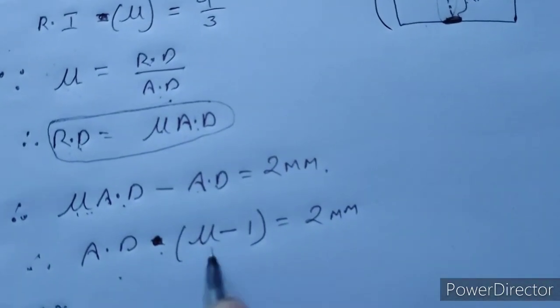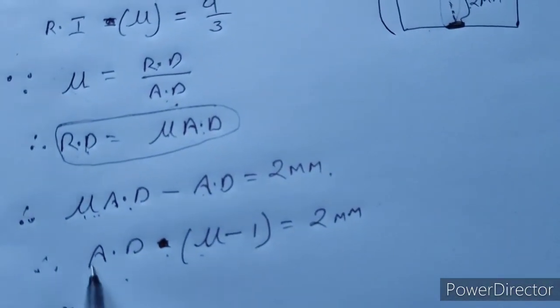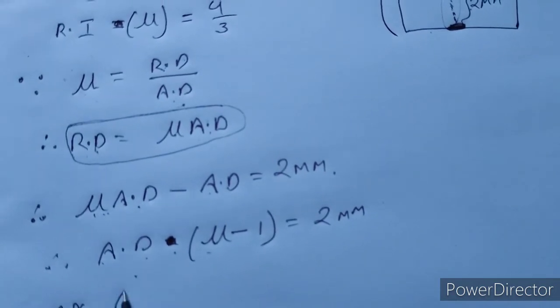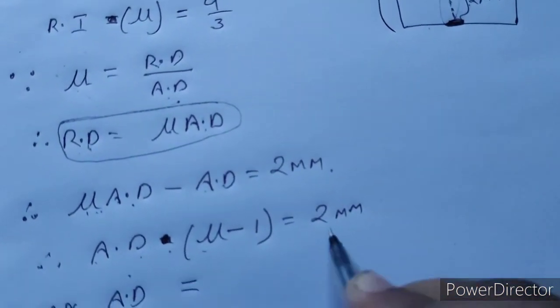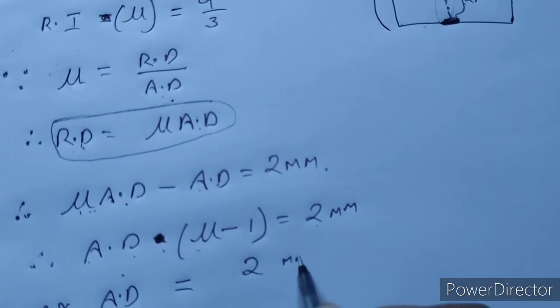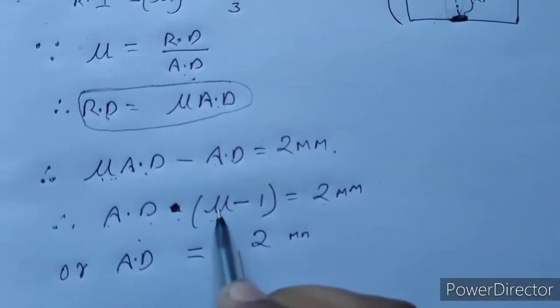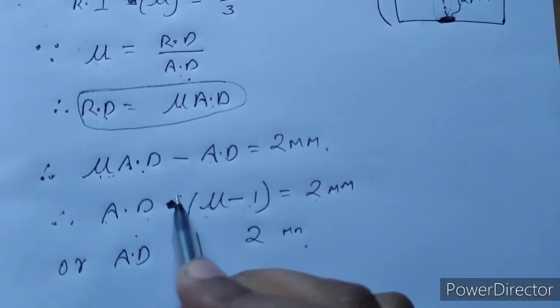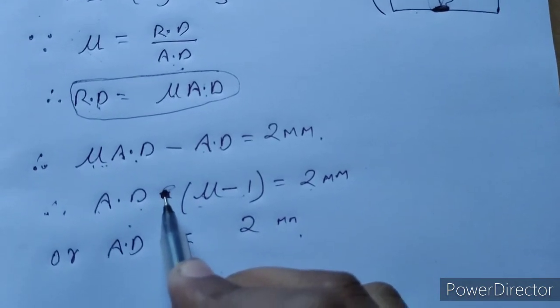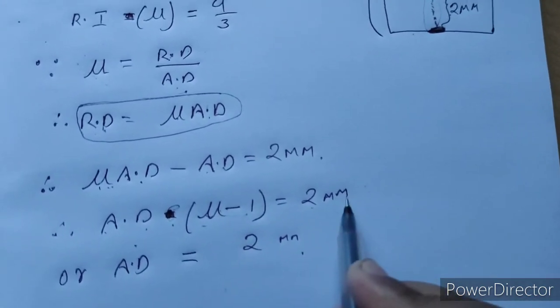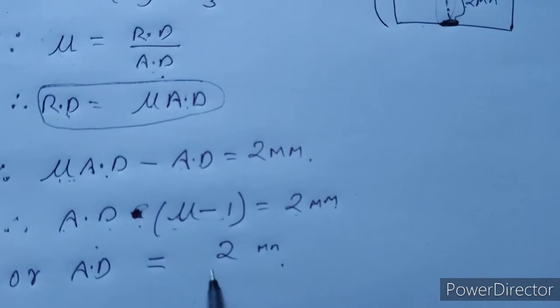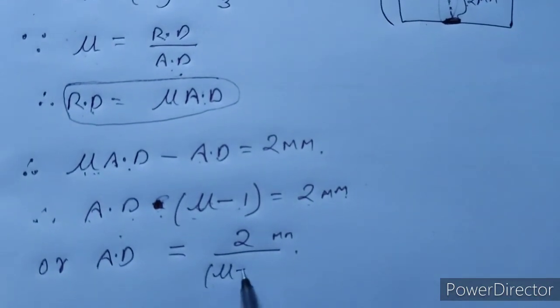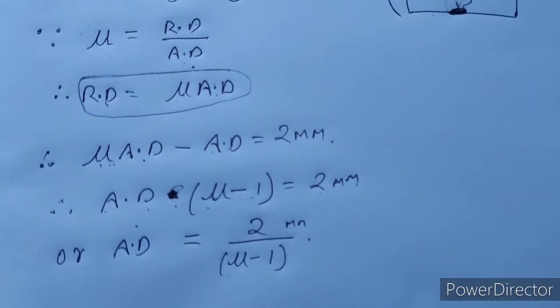Now I'll keep the apparent depth on one side. Apparent depth equals 2 mm, and this bracket will go down. Since there is nothing in between, it means multiplication, so when it goes to the other side of the equals sign, it will go down as a division. So apparent depth equals 2 divided by mu minus 1.